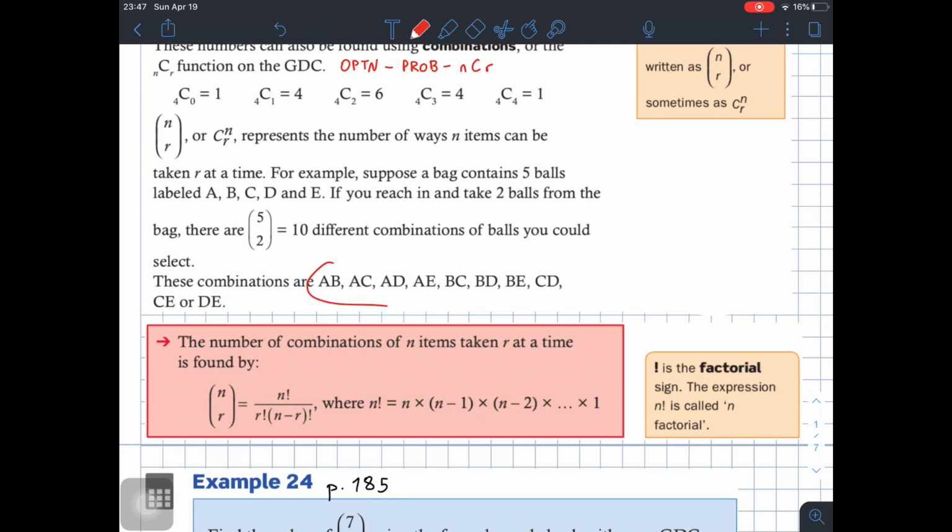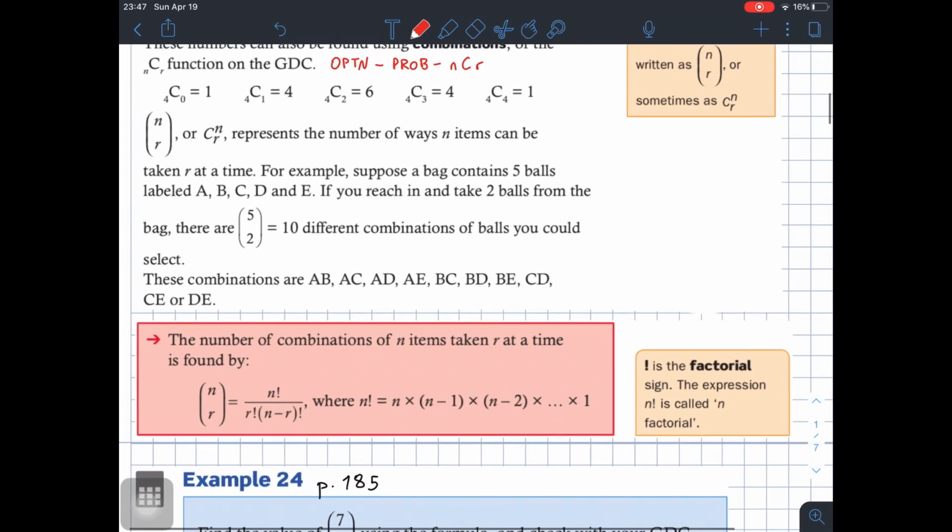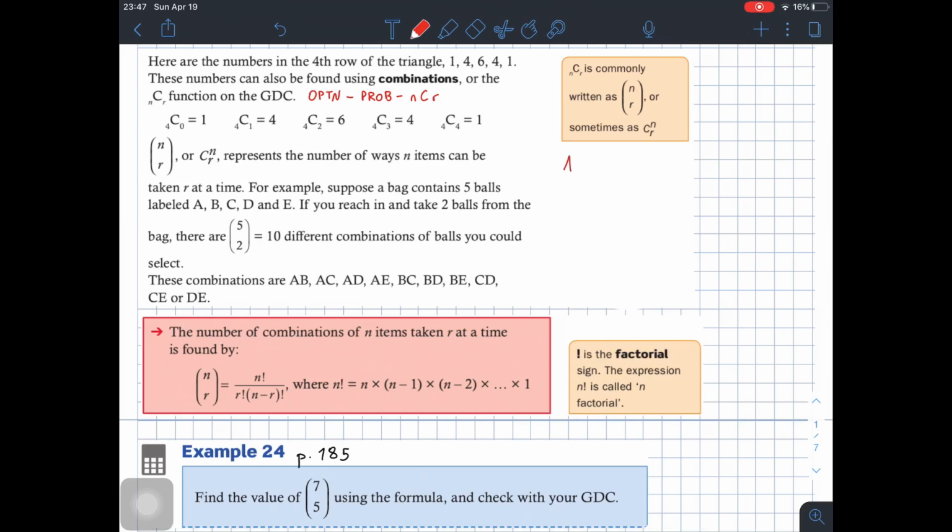These combinations are AB, AC, all of this one, okay? So let's see if that's true. If I have 5 balls, let's call them A, B, C, D, E, okay? So I want to pick 2 of them each time. So how many groups of 2 can I make?